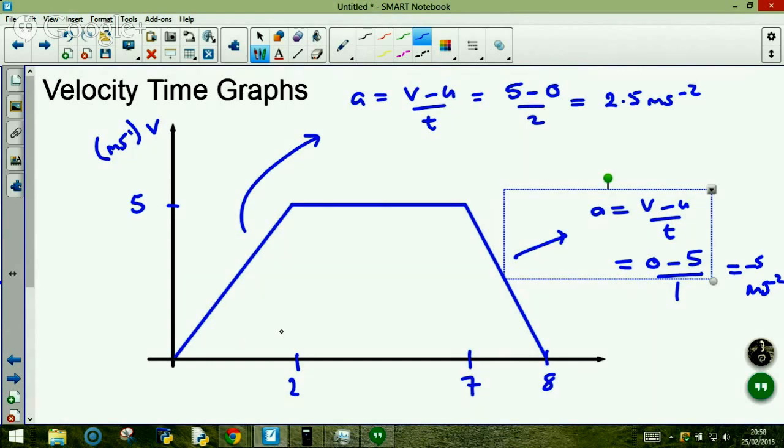Now, what we'd want to know now is the distance that it's covered. So in order to find the distance, this is represented by the area.